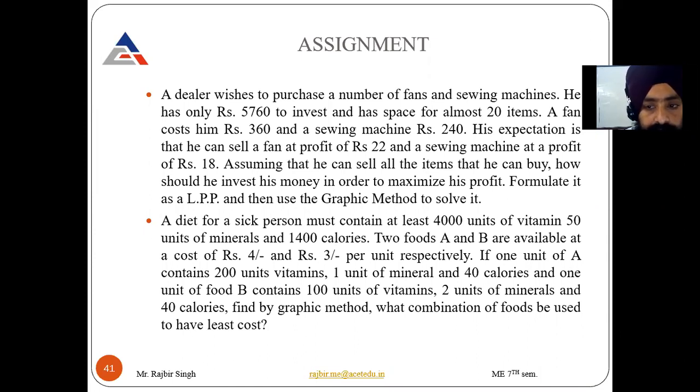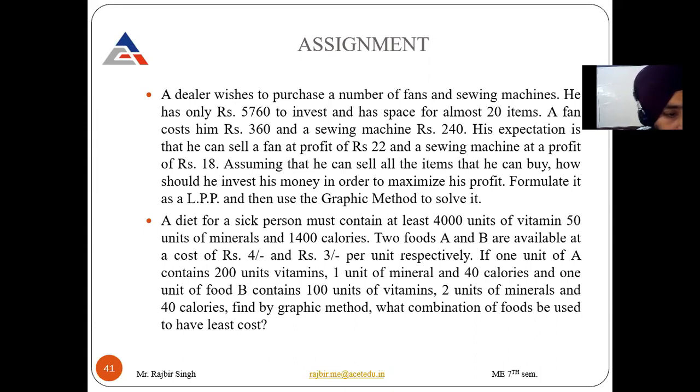Today's topic of discussion is the graphical method to solve a linear programming model. A diet for a sick person contains at least 4,000 units of vitamins, 50 units of minerals and 1400 calories. Two foods A and B are available at a cost of rupees 4 and rupees 3 per unit respectively.